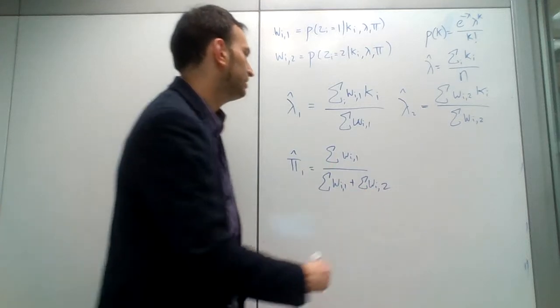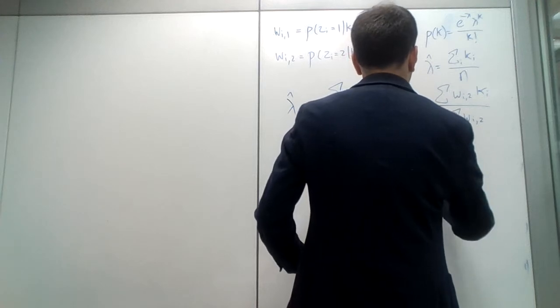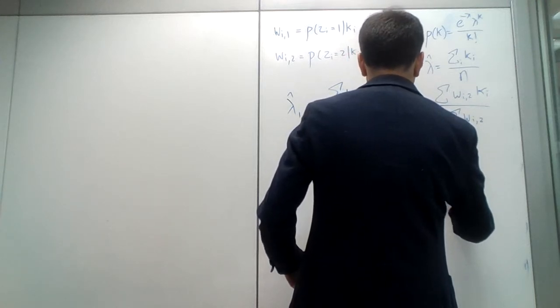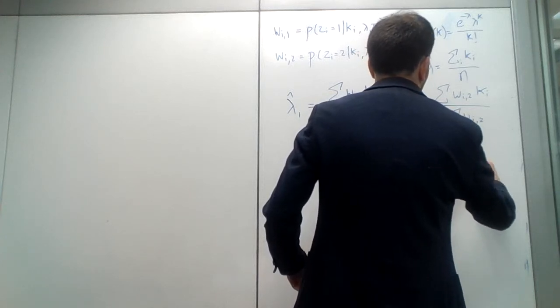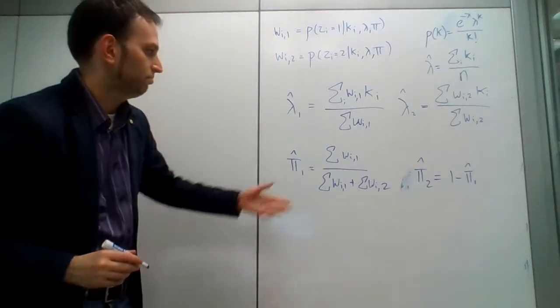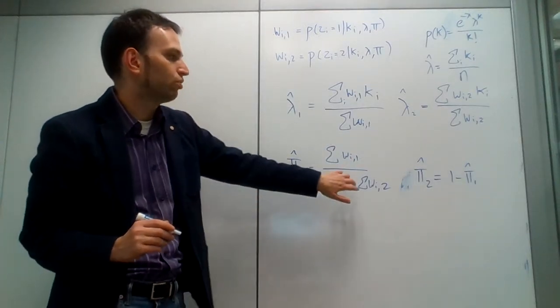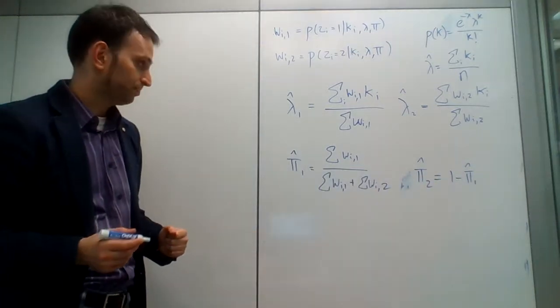And then pi 2 is either the same form, or you can say pi 2 is estimated to be 1 minus pi 1 hat, because they have to add up to 1. So either this form or this form would be fine.